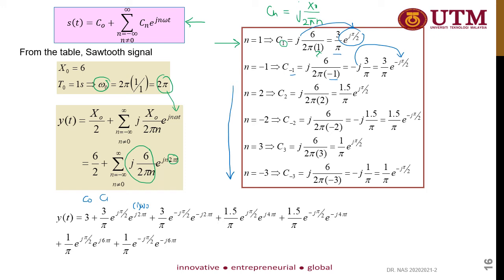Okay, so same goes to when n equal to -1. So this is n equal to -1 times omega naught t. Okay, and this is for n equal to 2, so n equal to 2 times 2 pi. So this is when n equal to -2 times 2 pi. And this one for the third, n equal to 3 times 2 pi. And last one, -3 times 2 pi.